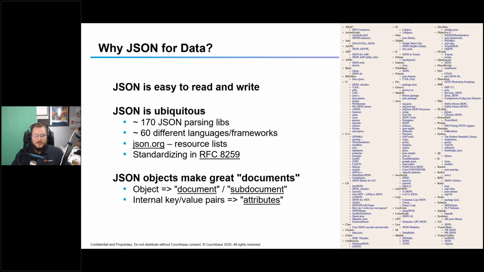And this eye chart here on the right side of the screen that I don't expect you to read is a list of JSON parsing libraries by programming language. So you can see that there are hundreds of them listed there for any programming language. Even COBOL's on there. I think even Fortran is on there. So even COBOL and Fortran can work with JSON data.